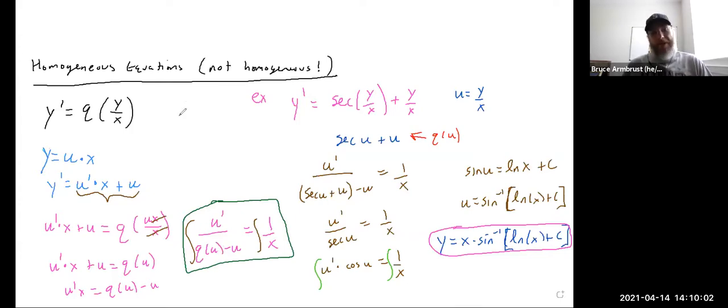I don't know if you remember this, just a real quick aside. Like day one, when we were talking about diffie-qs, I mentioned how this was all pattern recognition. It's all about looking at the equation and figuring out what the form is. And hopefully you're starting to see what I mean by that. We're learning all these different techniques to solve differential equations, but they're all dependent upon being in the right form.